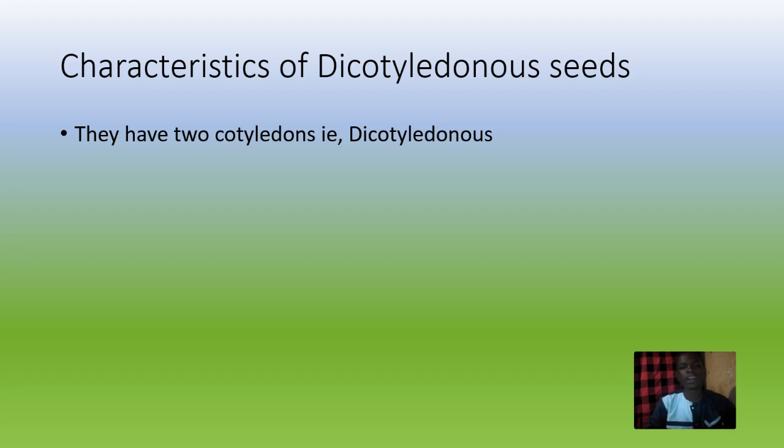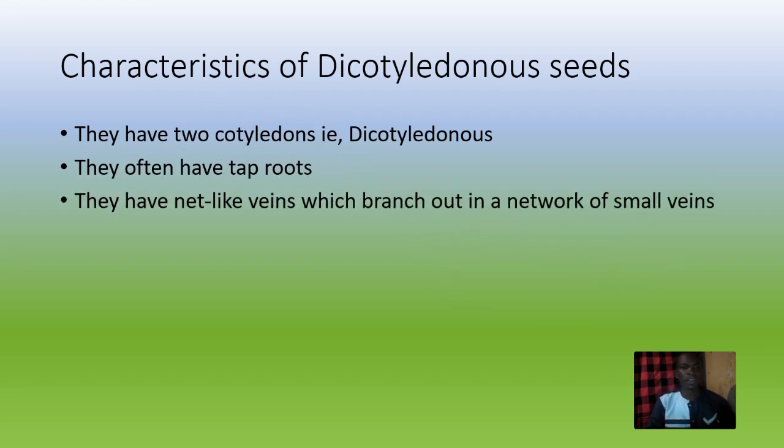The word di means two. Then they often have a taproot, for example the bean seed. Then they have got net-like veins, like a network of smaller veins within their leaf systems.